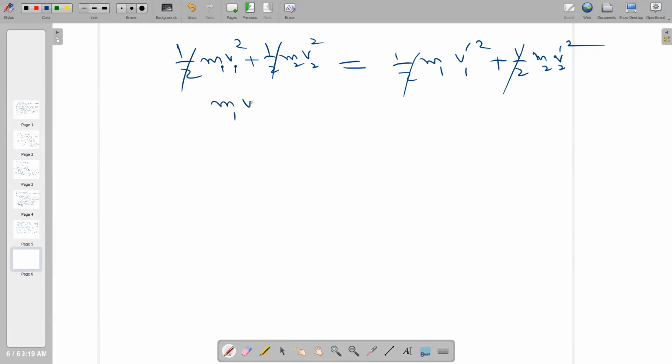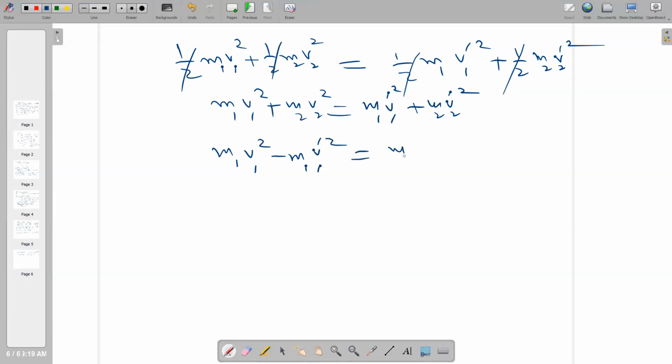This is m1 v1 square plus m2 v2 square is equal to m1 v1 dash square plus m2 v2 dash square. Now I rearrange this like in the previous slide: m1 v1 square minus m1 v1 dash square is equal to m2 v2 dash square minus m2 v2 square.